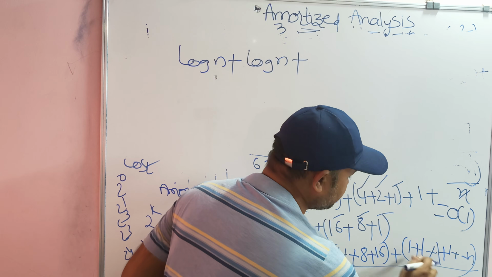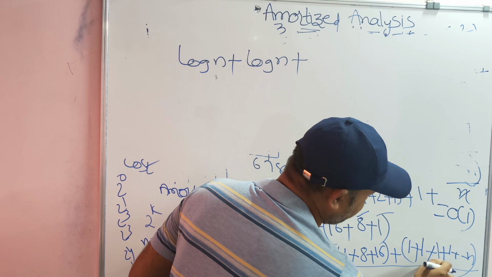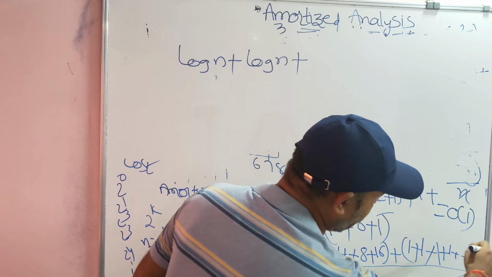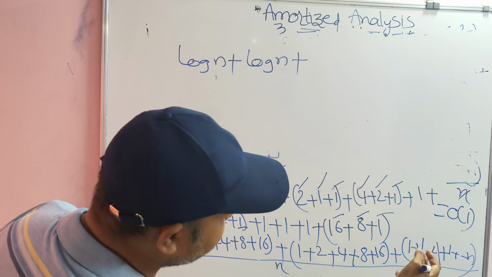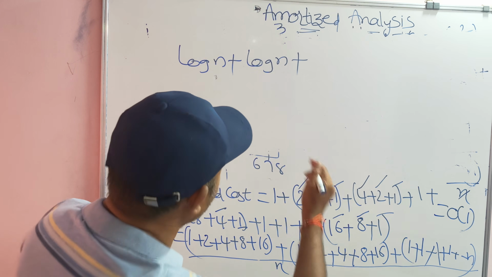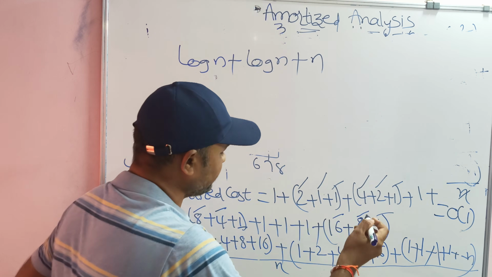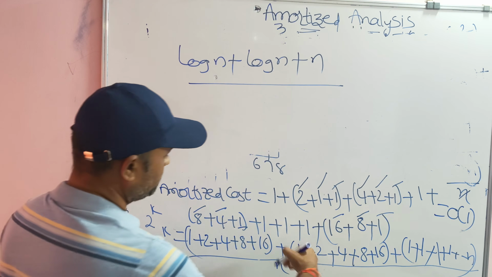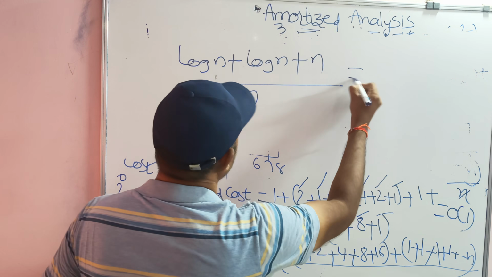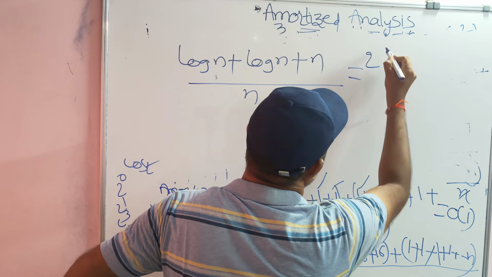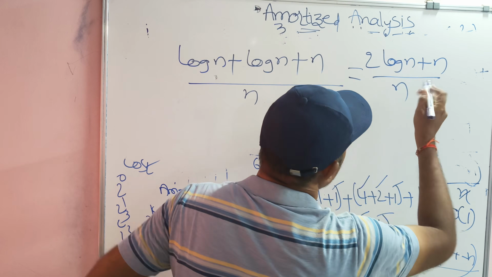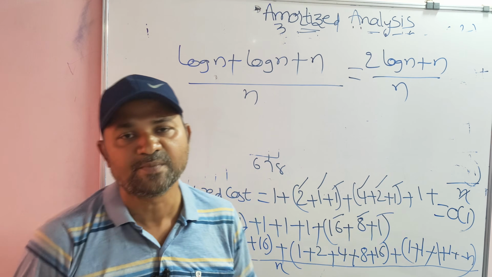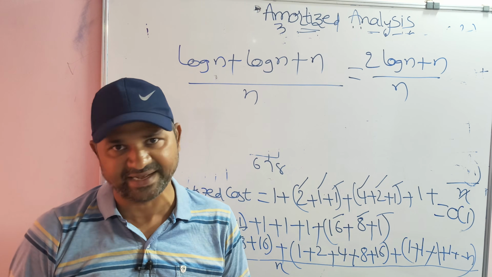For this series, 1 plus 1 plus 1 plus and so on, it will be continued up to n, so 1 is repeated n times. The time complexity is n by, since the number of operations is n. So log n plus log n means 2 log n plus n, by n. Out of 2 log n and n, the most dominant term is n.